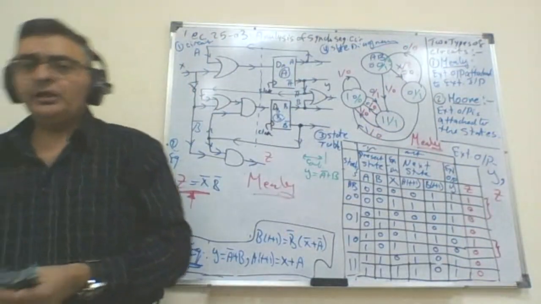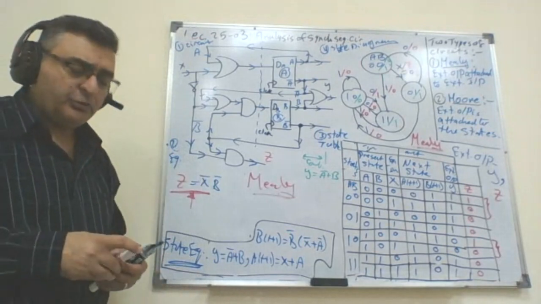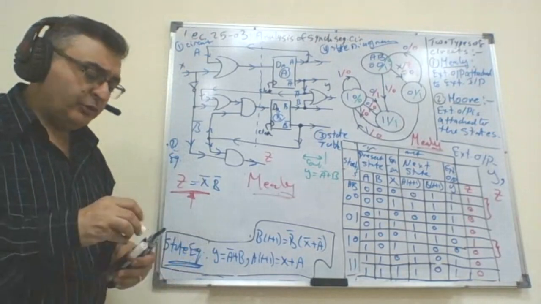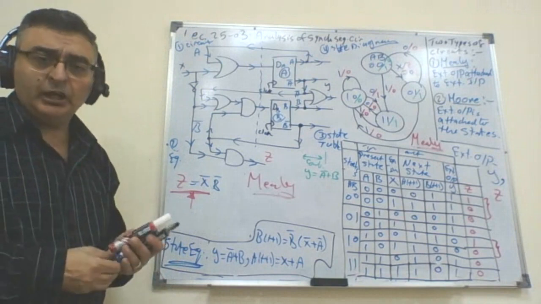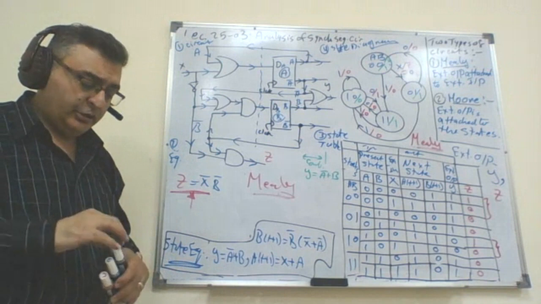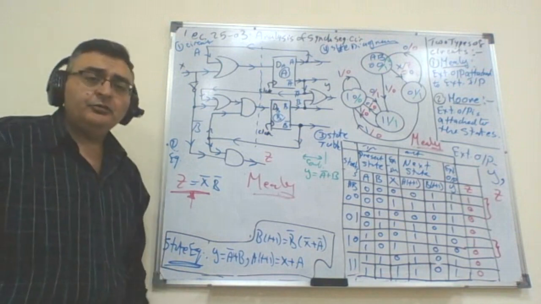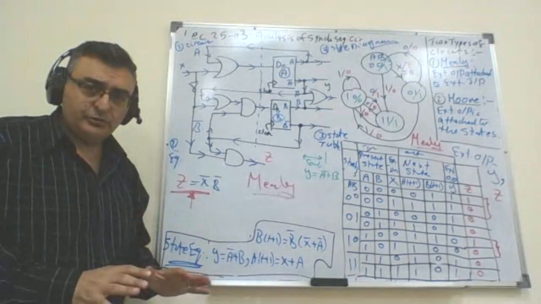This is the most comprehensive example for the analysis of sequential circuits containing more than one flip-flop, containing external outputs, Mealy and Moore. And now we are ready to go to the next step, which is the design of synchronous sequential circuits.